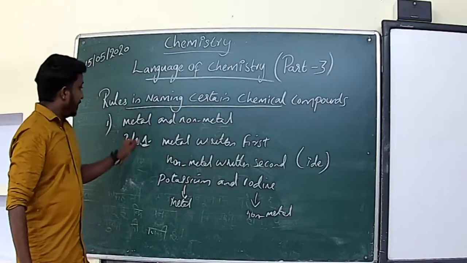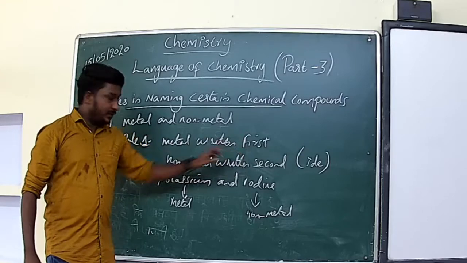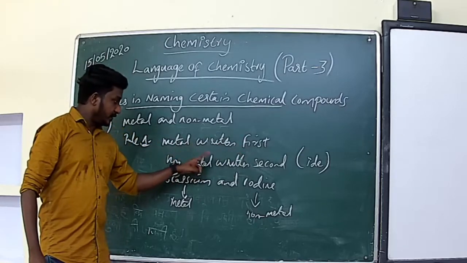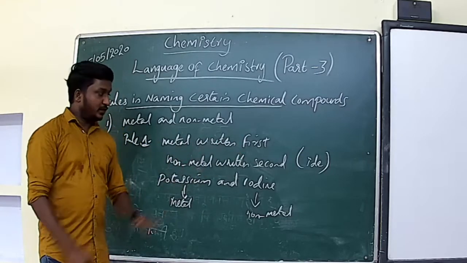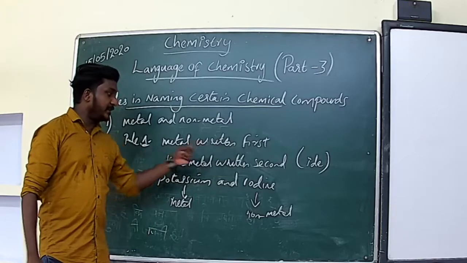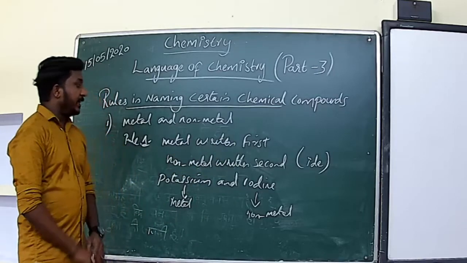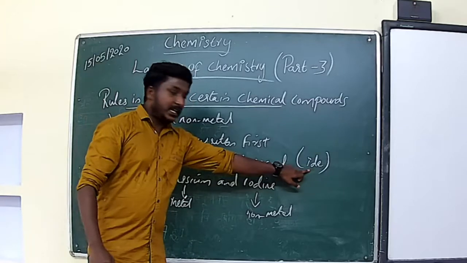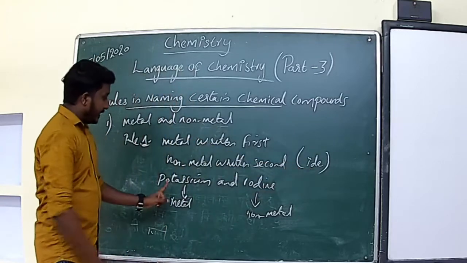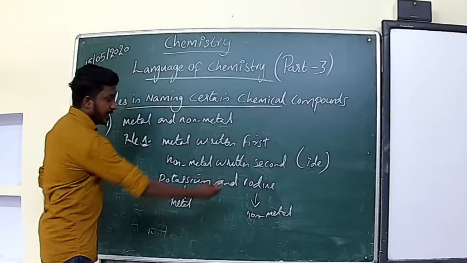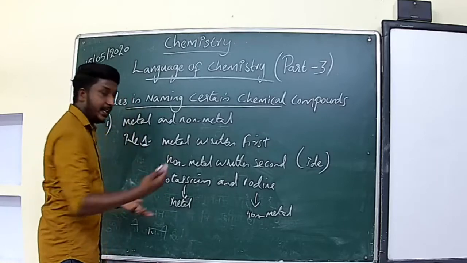What is the rule? Metal should be written first and non-metal second. So first we have to write the metal name and second we have to write the non-metal name. Then the non-metal will suffix with IDE. So here metal is potassium and the non-metal is iodine. So what is the name of this compound?